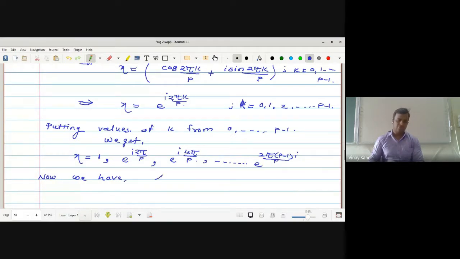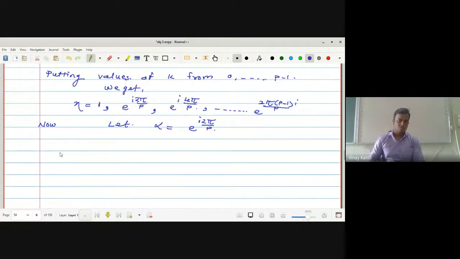Okay, now let alpha is equal to e raised to i 2 pi upon p. Then the values of x: x is equal to 1, this one is alpha, this one is alpha square, alpha cube, up to so on, alpha raised to p minus 1.